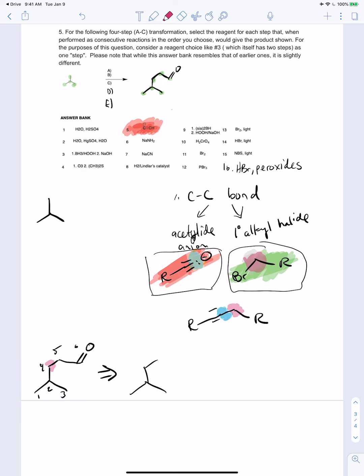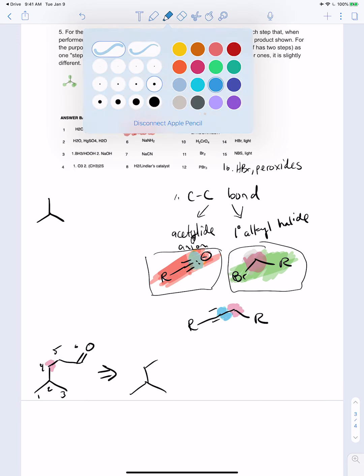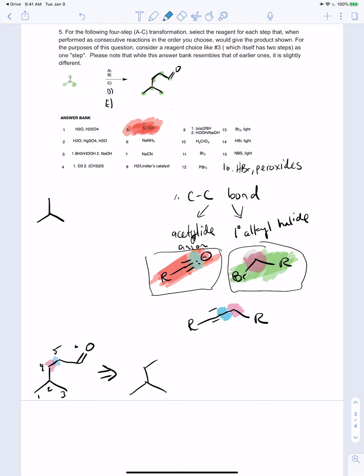That should be in red. I counted the oxygen as a carbon, and that should be in blue. So we're breaking the bond right here at carbon 4, 5. That would be the equivalent of, if we called that 4, 5 over here. I just messed up with how I was counting the carbons there.